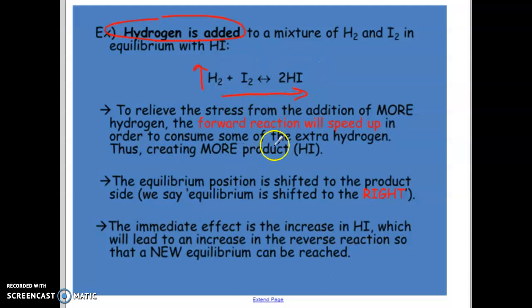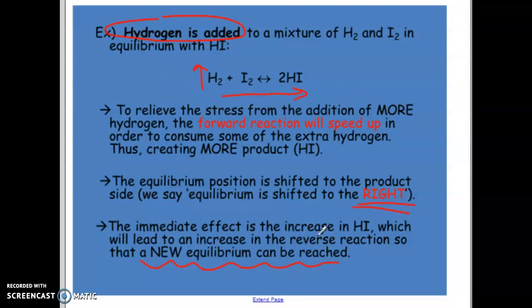So you have more product, the forward rate increases, the reverse rate decreases, and then eventually you would have a new equilibrium. The shift that happened to try and alleviate that stress is a shift to the right.